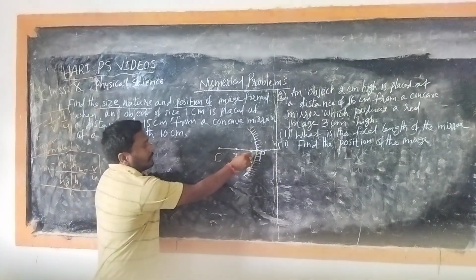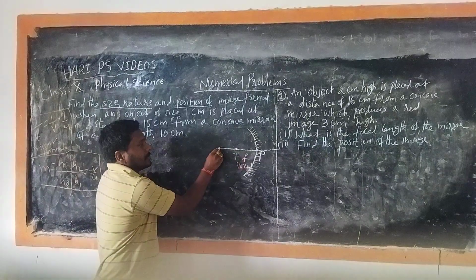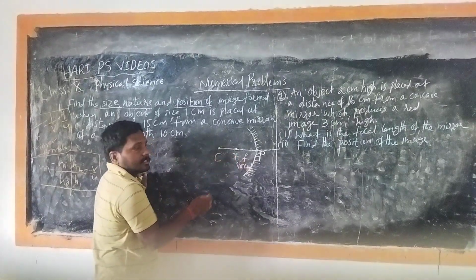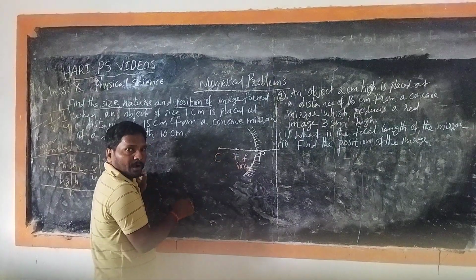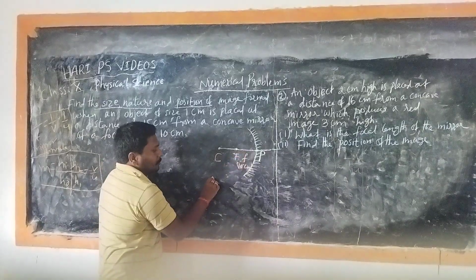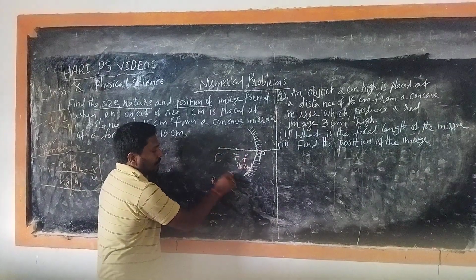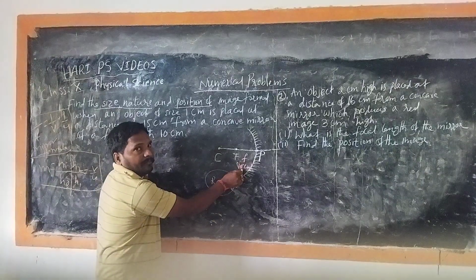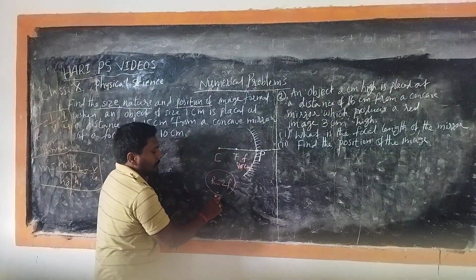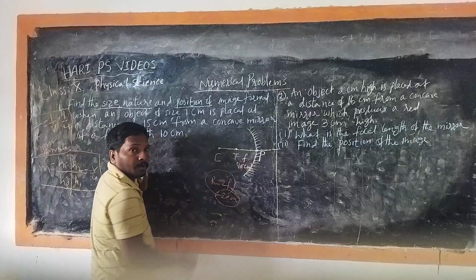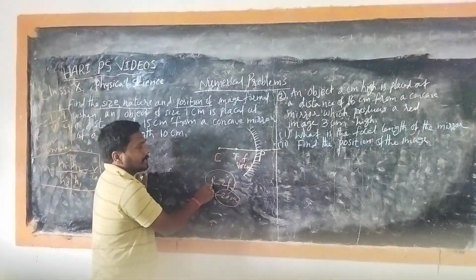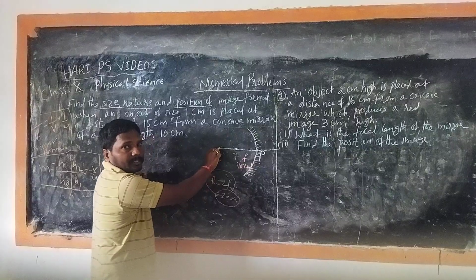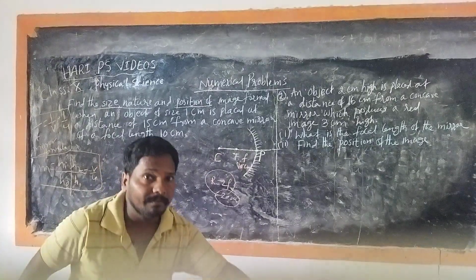We know the radius of curvature is double the focal length. So as we know, R is equal to 2f. f is how much? 10 centimeter. 2f is 20 centimeters. So radius of curvature means the distance between pole and the center of curvature.